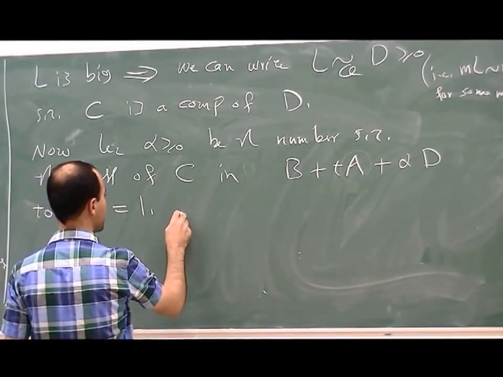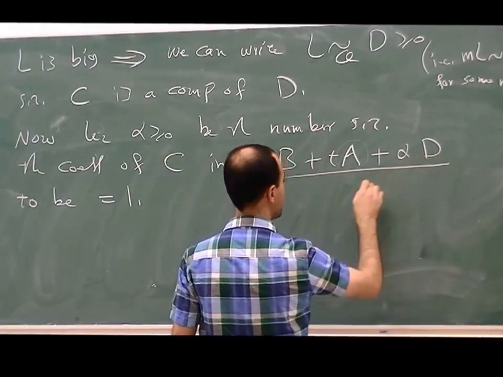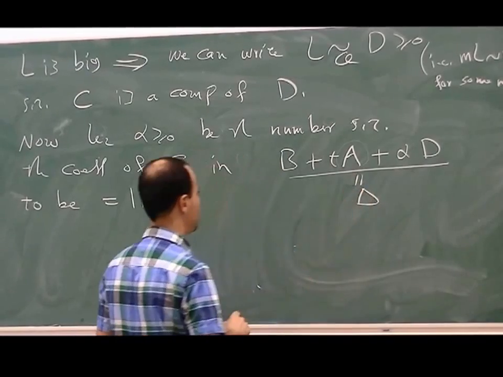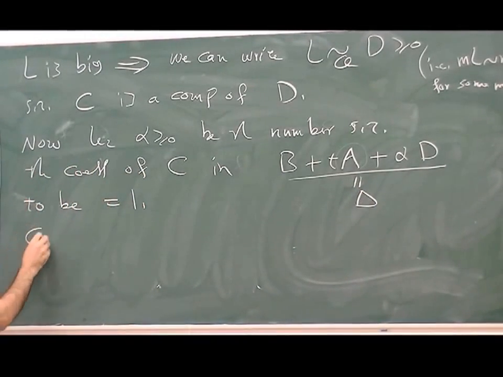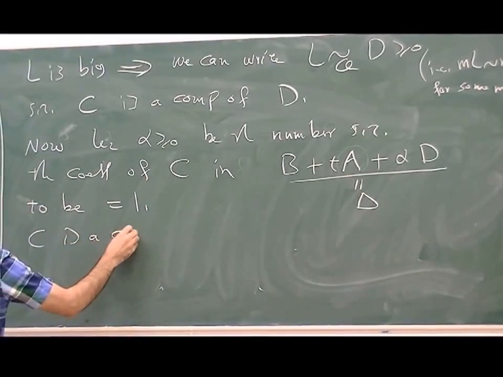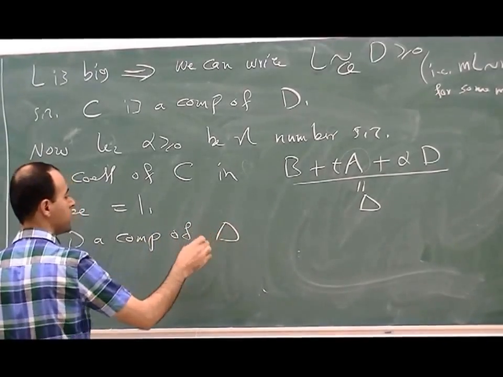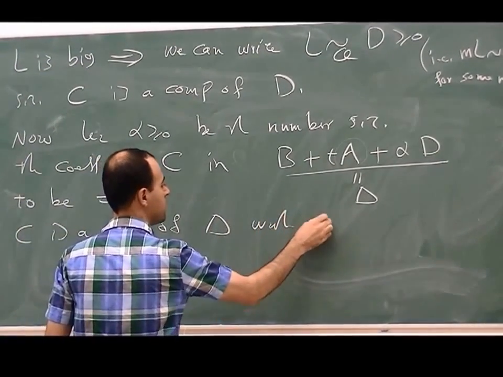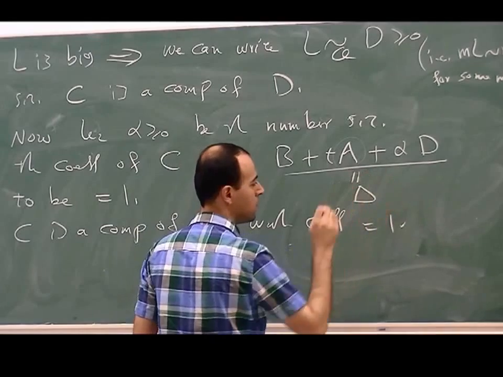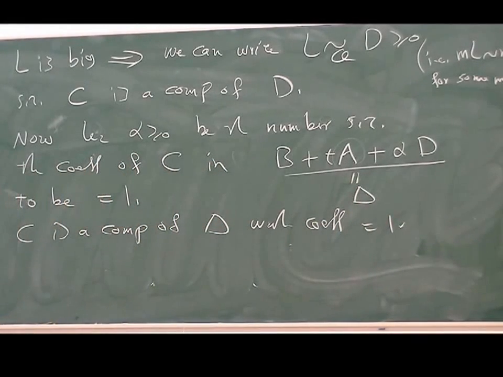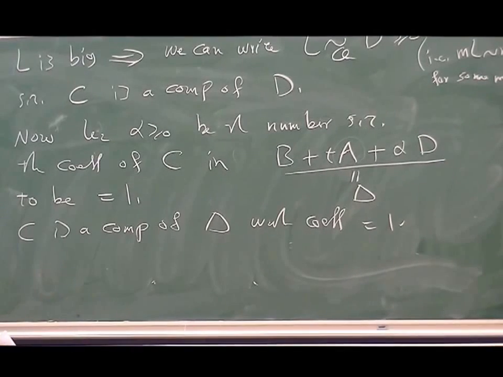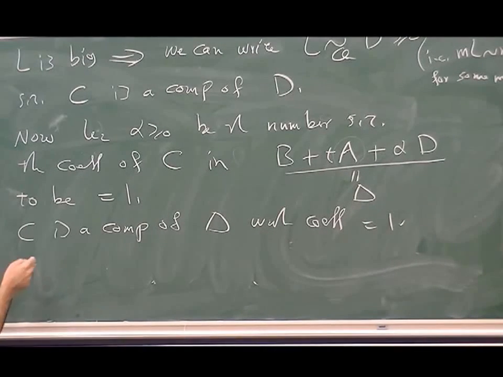Okay, so we have this. Let's call this delta. So C is a component of delta with coefficient equal to 1. Now, if you look at your notes at the beginning where I talk about adjunction, this is precisely that kind of situation. So I can apply this adjunction formula.